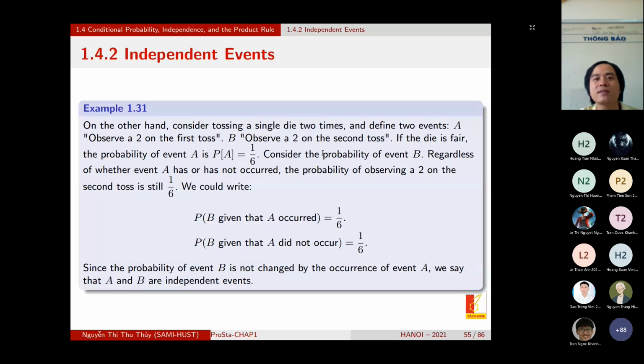So it doesn't matter what the first case is. So P(B given A) is 1 over 6, and P(A given B) is also 1 over 6.